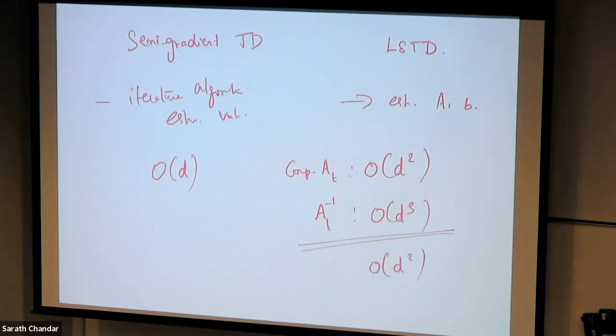It is because the matrix that you are trying to invert is a sum of outer products. If you have a matrix which is a sum of outer products, then there exists an efficient incremental algorithm which is only order D squared complexity.